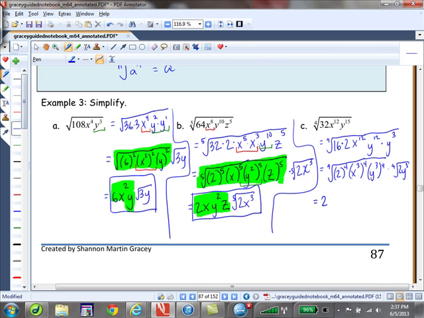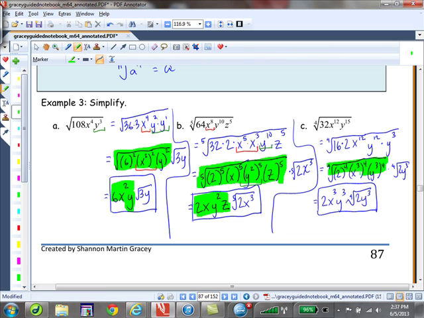So we will get 2x cubed y cubed times the fourth root of 2y cubed, and we're done. So again, these are equivalent. These parts are equivalent here. Okay?